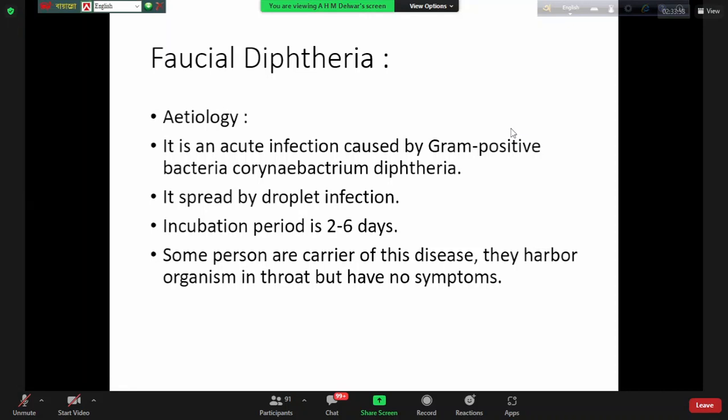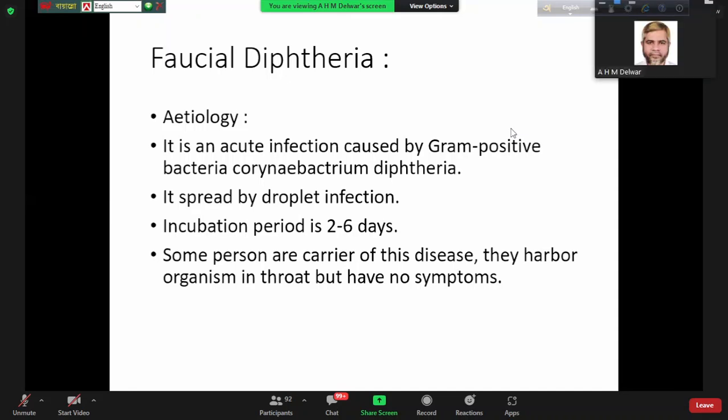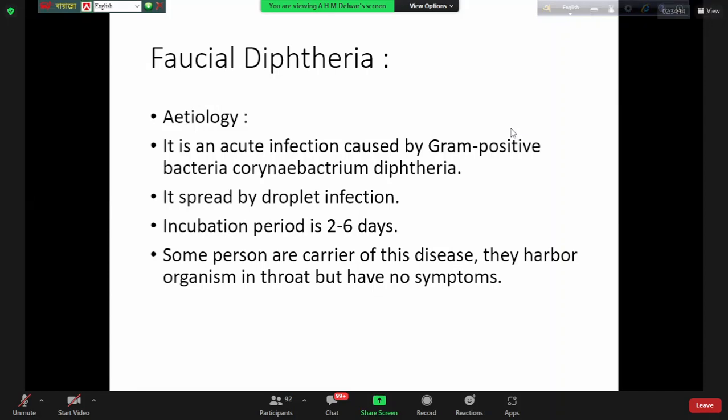In the immunization schedule there is DPT: diphtheria, pertussis, and tetanus. Now diphtheria is not common, but you should know about it.